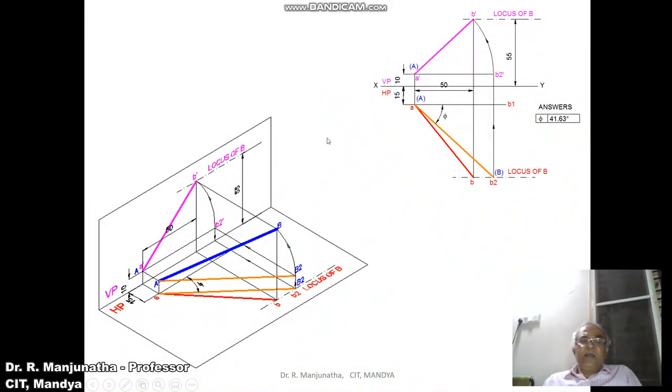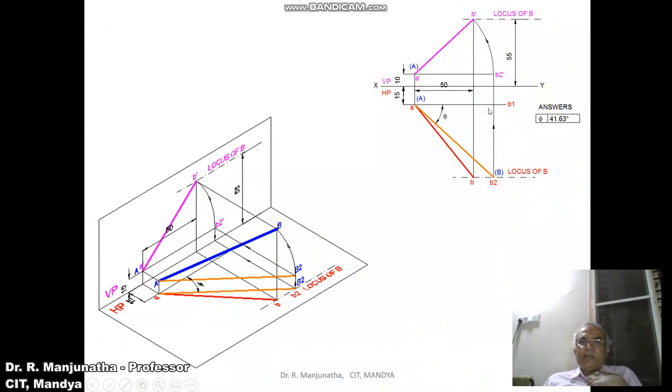Now similarly, if you want to find out the true length in HP, we have to make the line parallel to HP. That means we are rotating this line which is in space parallel to HP. Since it is parallel to HP, we are getting the true length in HP. So that is what we have done. When we rotate this and make the front view line parallel to HP, you are going to get A dash B2 dash, the line which is parallel to HP, which is 10 mm above HP.